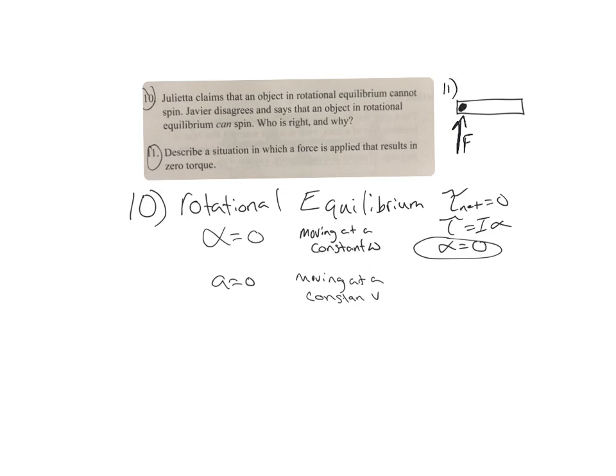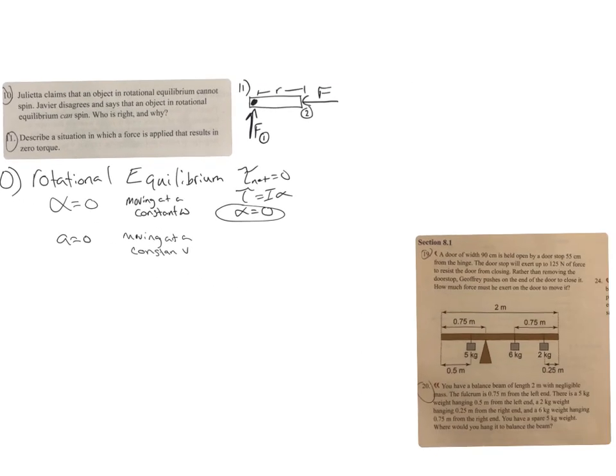And if I apply a force that is parallel, it also would have no torque provided. So even though this one is acting at a radius, it's acting parallel to the radius, so it would have 0 torque provided. So number 1 is acting perpendicular, but it's acting with no radius. Number 2 is acting at a radius, but it's parallel, so you don't have any torque. Okay, so there you go, number 10 and 11.